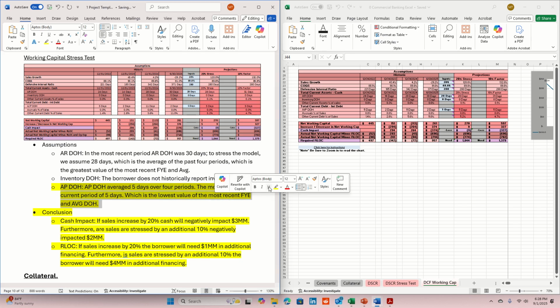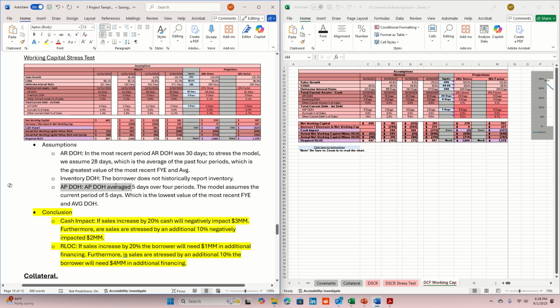Okay, that works. That reads well. AP days on hand averaged 5 days over the 4 periods. The model assumes the current period of 5 days. The model assumes the average of 5 days, which is the lowest value of the most recent fiscal year end and average days on hand.